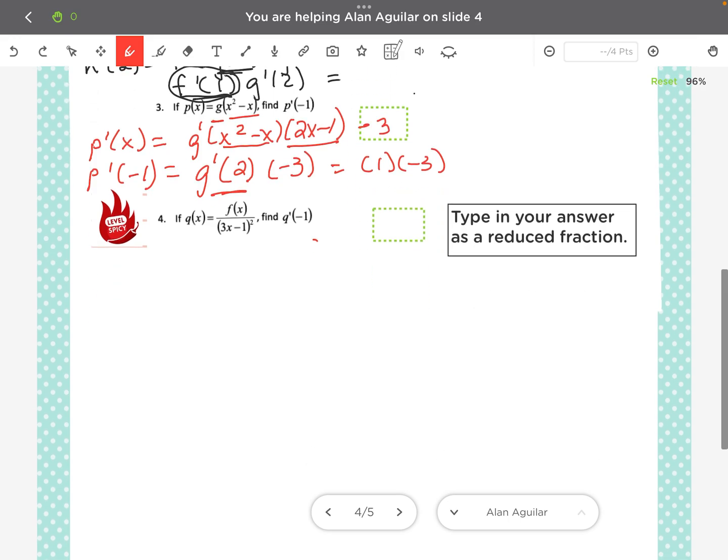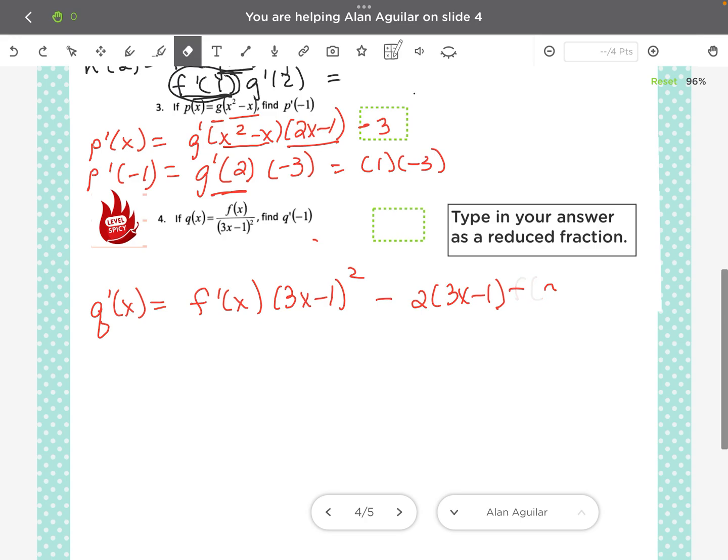Okay, this last one down here, you will have to use the quotient rule because I've got a function in terms of x on top and bottom. So step 1, let's take the derivative using the quotient rule. So derivative of the top times the bottom minus the derivative of the bottom times the top. Oops, actually, I made a mistake.